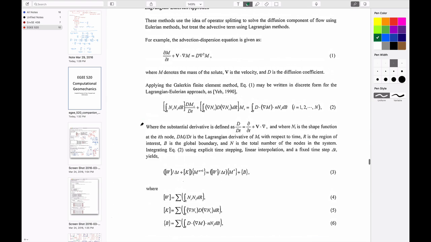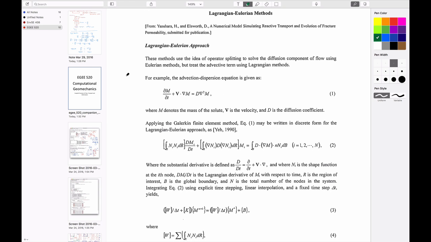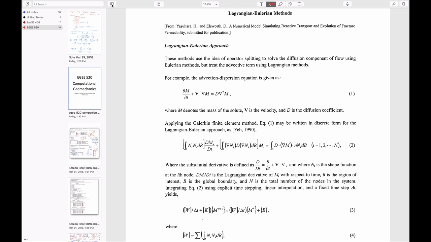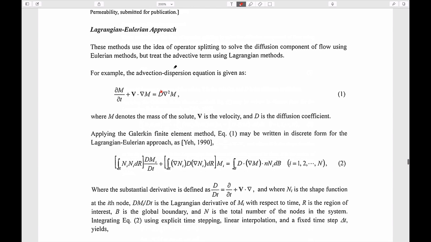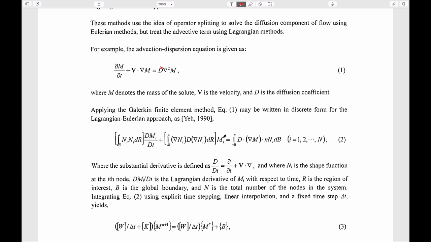If you want to look at how you write that mathematically, then this is also a reasonably succinct version of that. This is exactly what we've talked about. This is our advection dispersion equation. We've called this maybe D star, just to distinguish it from the fact that we'll use this substantial derivative. This part here is what we've called dm dt, which we've just rearranged.